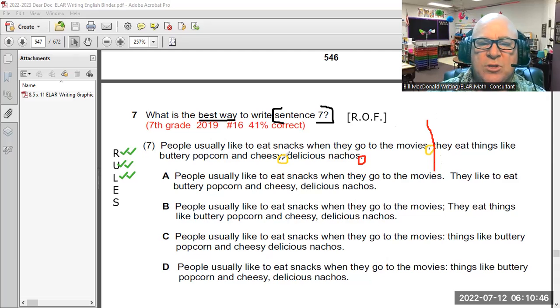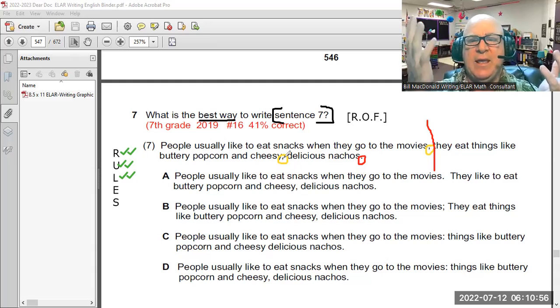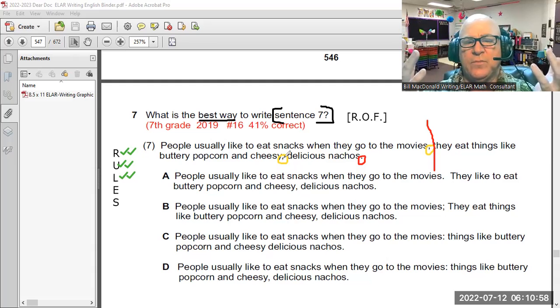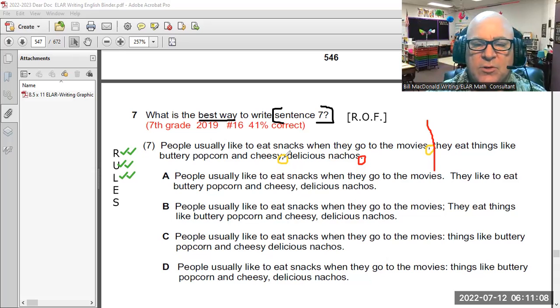Something that you can check on cheesy and delicious, when you substitute the word and in between two describing adjectives, cheesy and delicious nachos, then the comma is okay. If you flip it and say delicious and cheesy nachos, then that comma separating the two adjectives describing one item can work. So that's not the problem. The problem is over there at the beginning with the run-on.